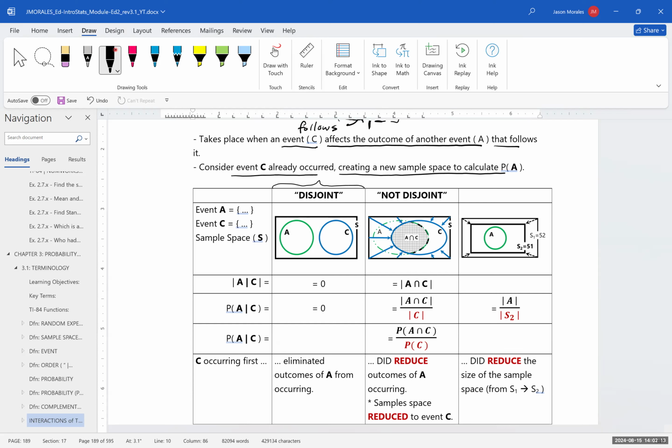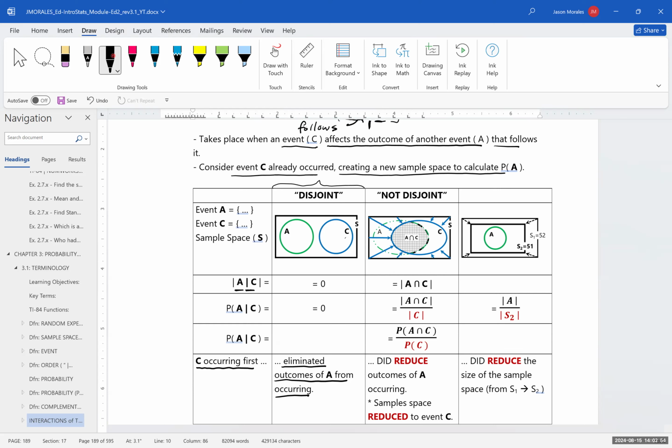If we're looking at A, given that C occurs first, then we know that whatever occurs second has to be inside of event C. You'll notice that no part of A is in C. So the order of that conditional probability is going to be 0. There's no overlap. Event C occurring first eliminated outcomes of A from ever occurring at all.